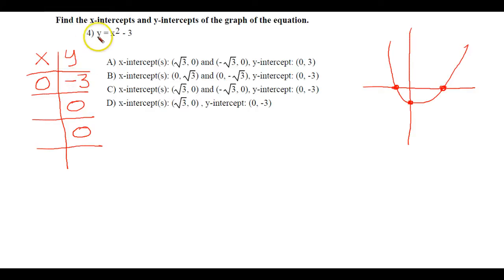Now if y is 0, and let me write it this way, x squared minus 3 equals 0. So we're going to transpose the -3 to the other side where it becomes positive, and then we take the square root of both sides.